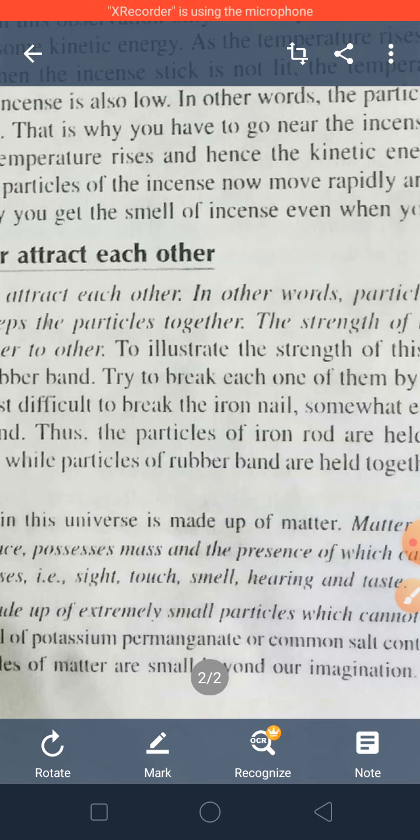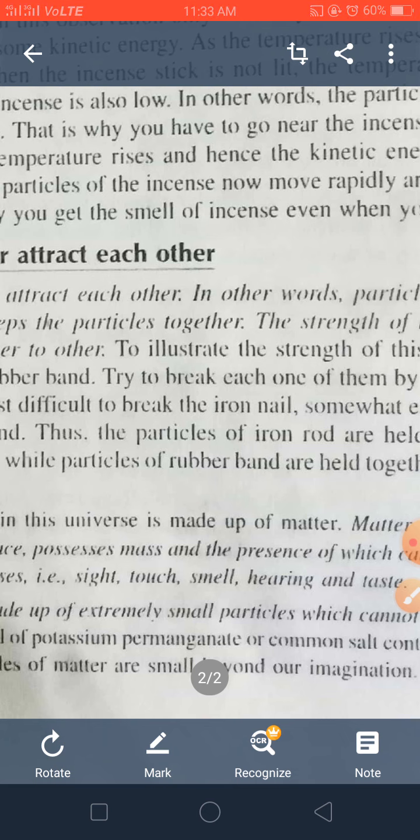So we can conclude by summarizing that the characteristics of these particles of matter are: the first is that the particles of matter have space between them, as we have demonstrated through an activity; the second is that particles of matter are continuously moving; and the third is that particles of matter attract each other.